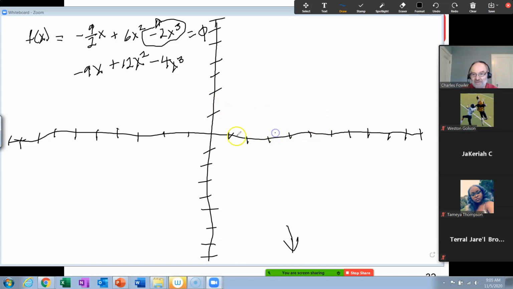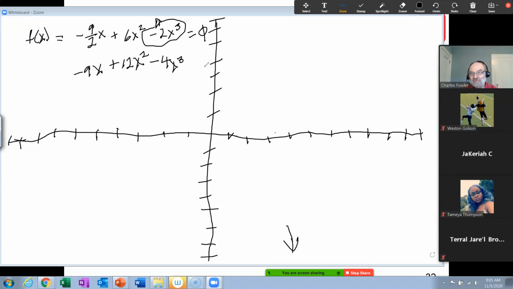It's the term with the highest exponent, and that was the cubic exponent. Because it's a cube, an odd number, one of these is going up, one's going down. Because that leading coefficient is negative, when x is negative, your y is going positive. When x is positive, the y is going negative. So that gave us our end behavior.